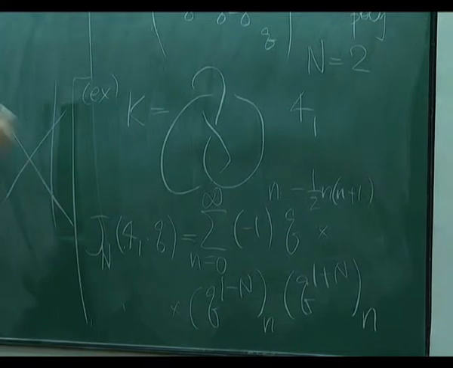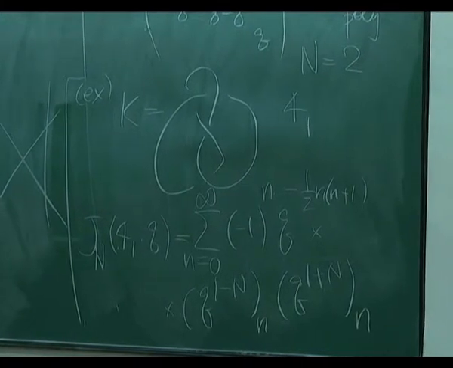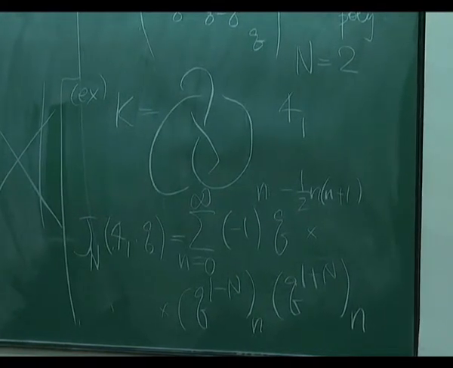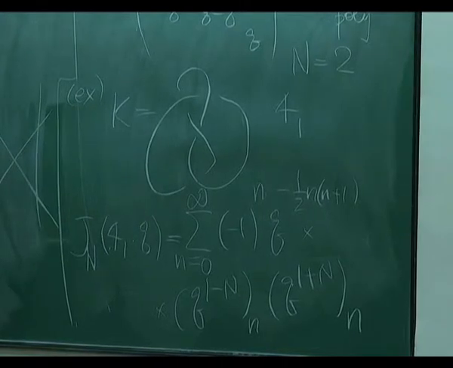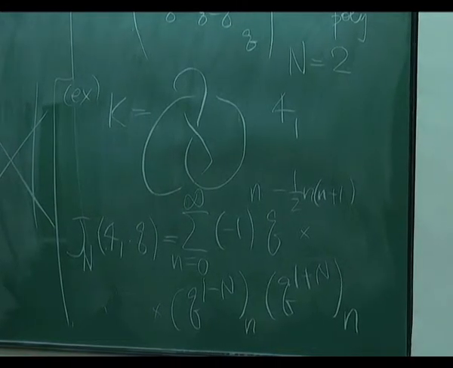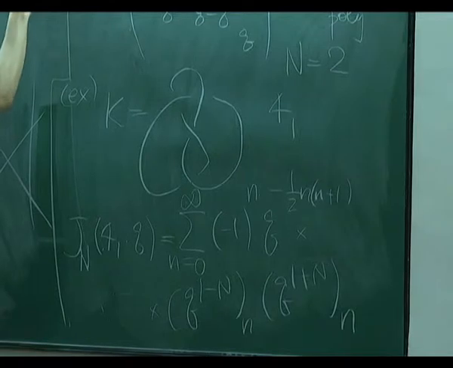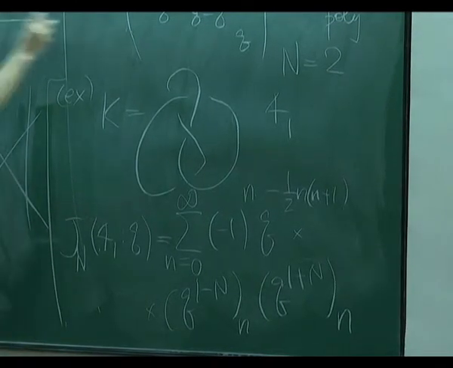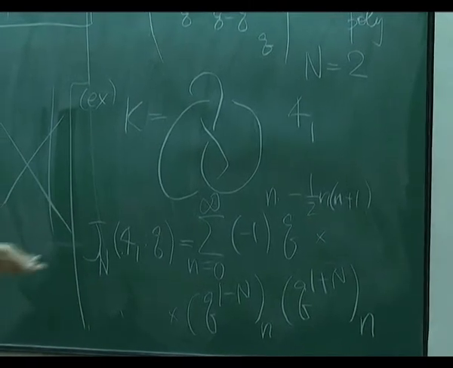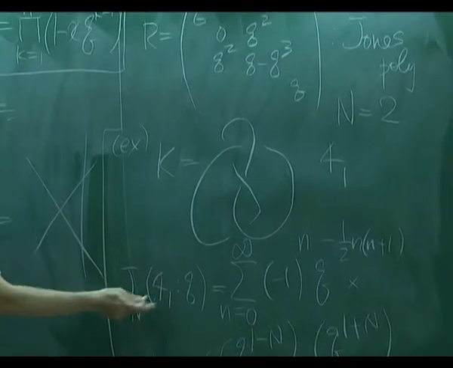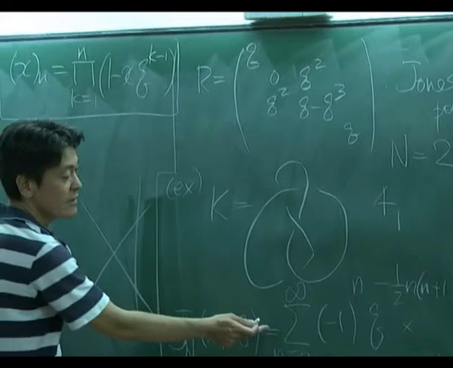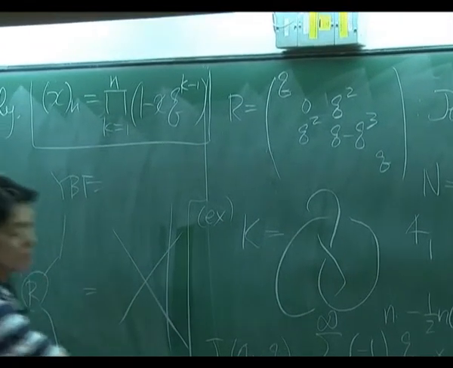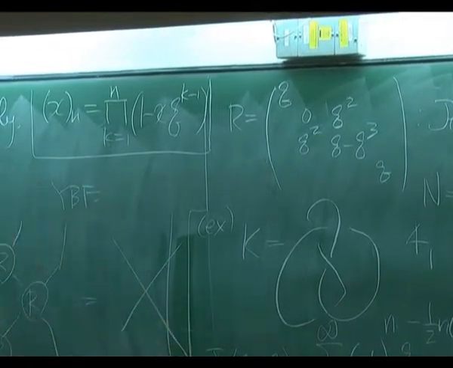And here I use the conventions of q-analysis. X_n means a product of this one. So I express the colored Jones polynomial as an infinite sum, but this large n is a positive integer.